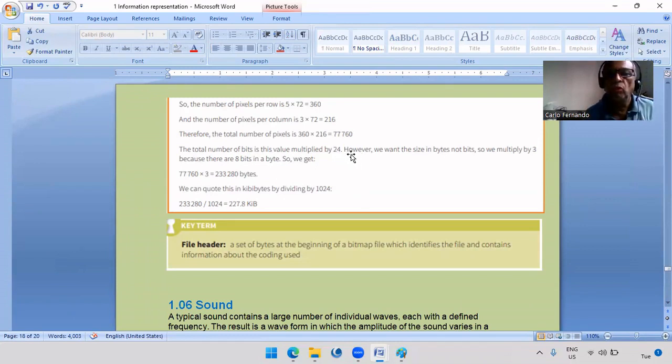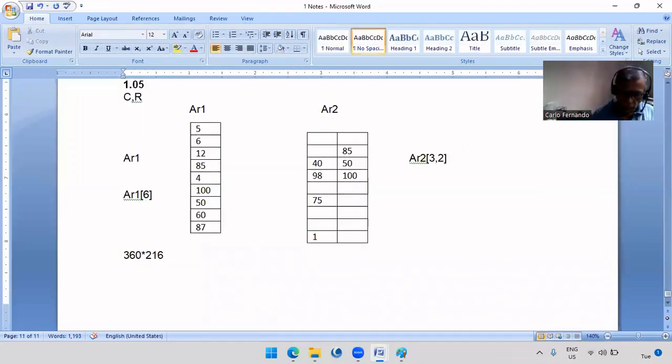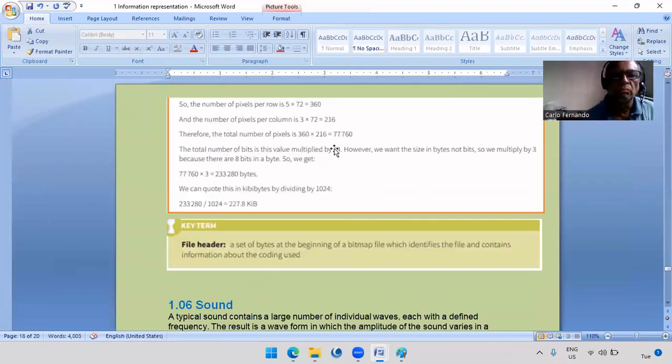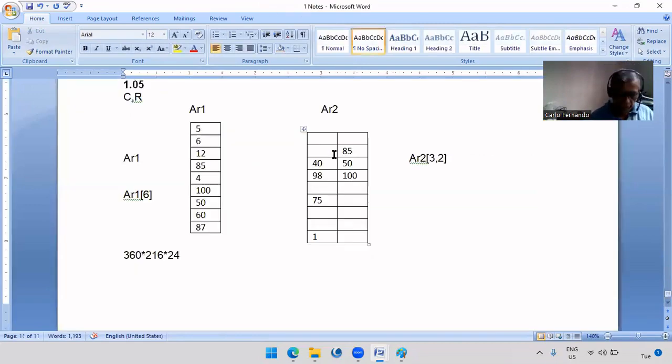So up to this point, it is pixels, because that is the resolution.